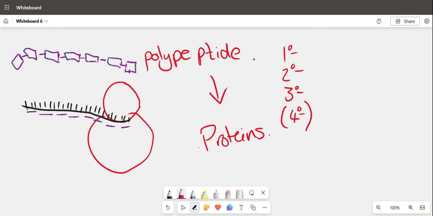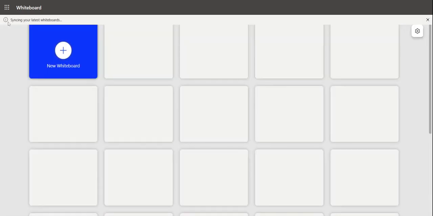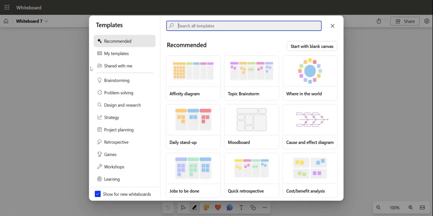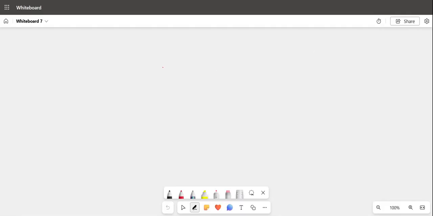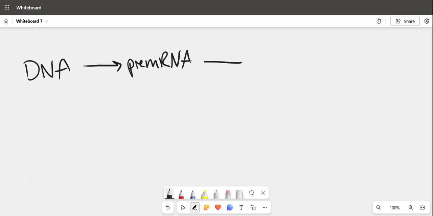Now I'm just going to talk you through one more thing. There's one more step that's sometimes mentioned and sometimes not. You remember that we went from DNA to mRNA. Now, sometimes we might say that we go to something called pre-mRNA, then to something called mature mRNA, and then to protein.